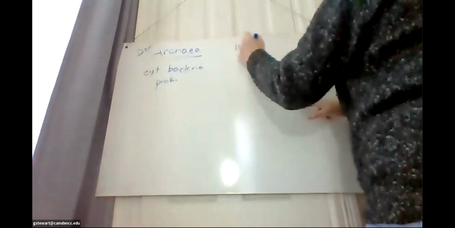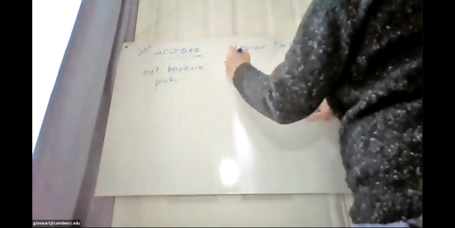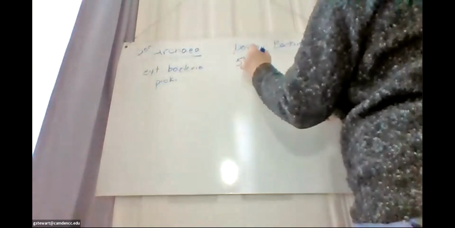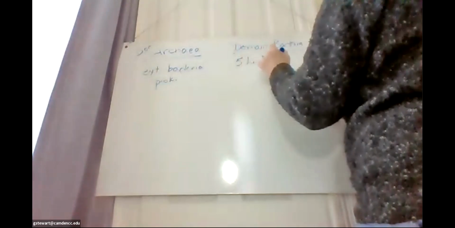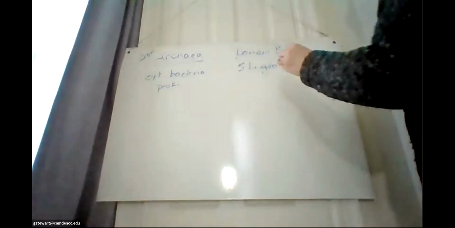And the domain, just bacteria, we call it now. And they've got about 5 kingdoms divided up into this. Now, we used to argue about that quite a bit, but it looks like we're settling on 5. So 5 kingdoms in domain bacteria.